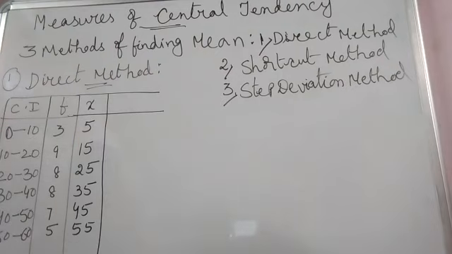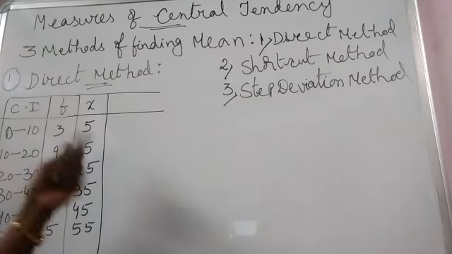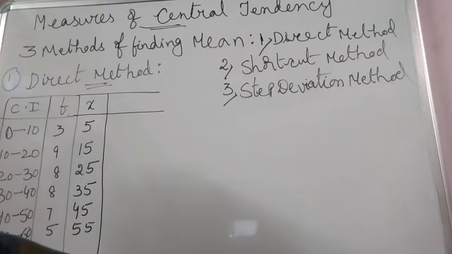Now you see children, when you learned finding mean for the grouped unclassified data, you had the variates and corresponding frequencies. Now the method is same.